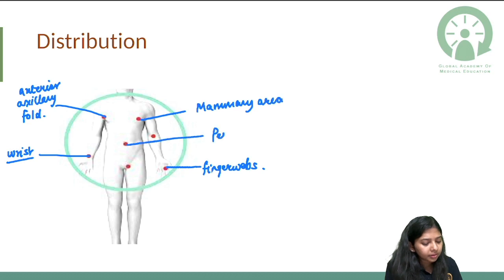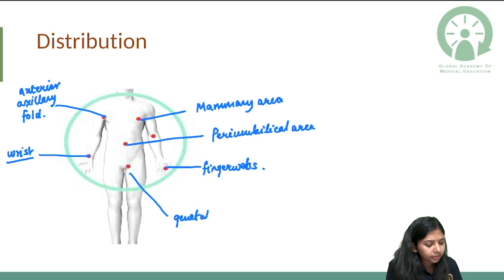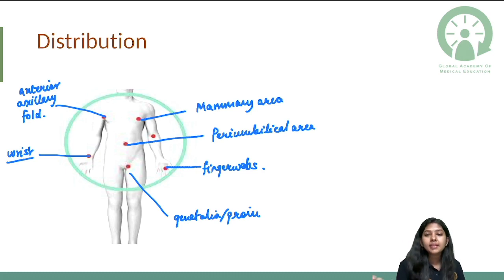Then you have it in the peri-umbilical area or the umbilical area. And lastly, you have it in the genitalia or the groin. So these are the classic sites where you will get lesions of scabies.